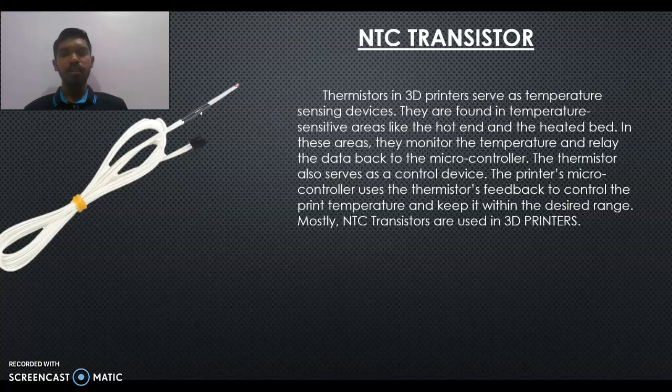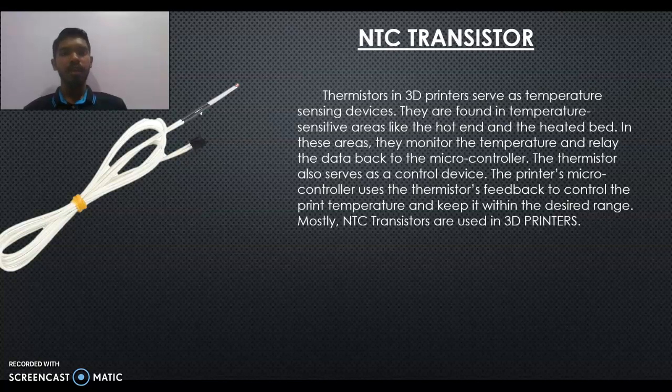Thermistors in 3D printers serve as temperature sensing devices. They are found in temperature-sensitive areas like the hot end and the heated bed. In these areas, they monitor the temperature and relay the data back to the microcontroller. The thermistor also serves as a control device.